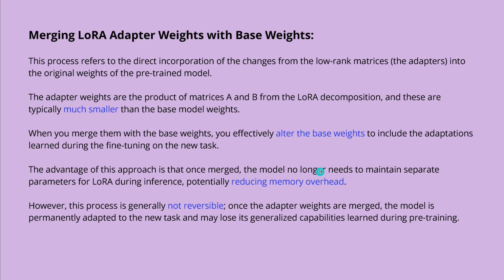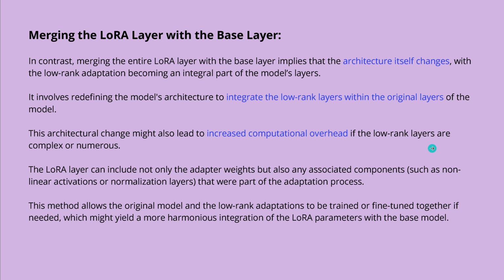You reduce the memory overhead, but as I told you, this is not reversible if you decide, hey, now I want to go back, extract this LoRA adapter and exchange it for a different LoRA adapter. Then this is done. Or, and this is what I use currently, I change the architecture of the layer itself, the complete model architecture. I integrate the low-rank LoRA layers into the original layers.